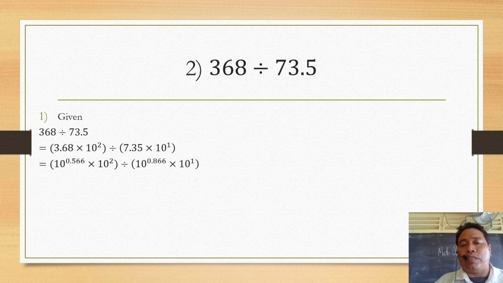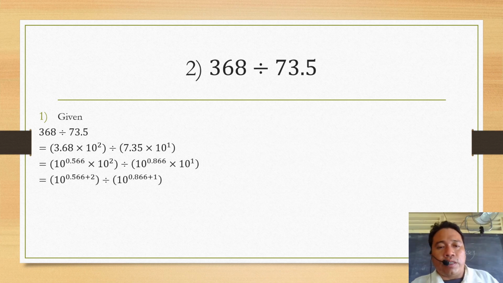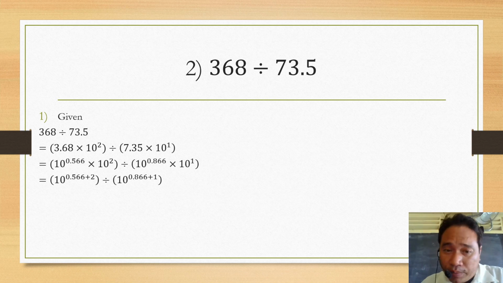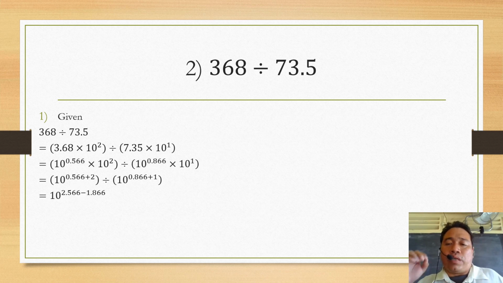Again, two numbers with the same base, different powers, and we're multiplying. We keep the base, we add the powers. So it gives us 10 to the 0.566 plus 2 divided by 10 to the 0.866 plus 1. Now we have two numbers with the same base, different powers, and we're dividing. So in the next step, we need to keep the base and subtract the powers.